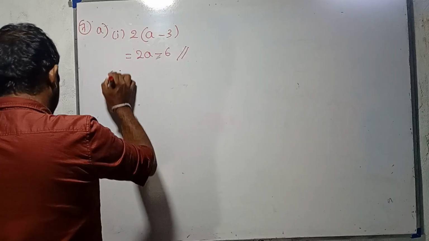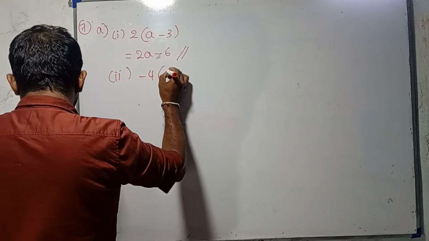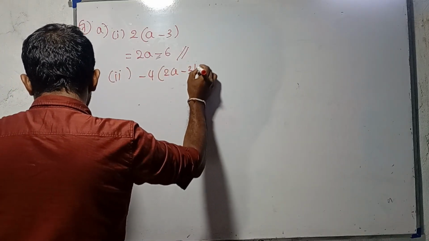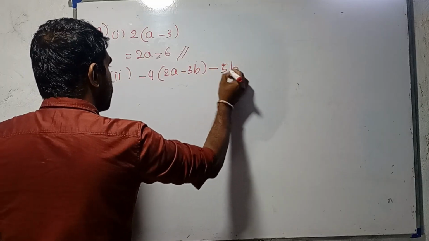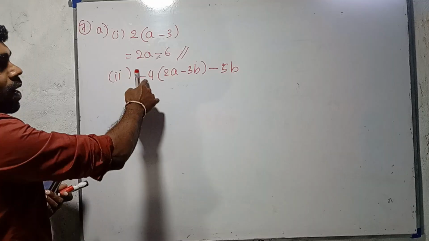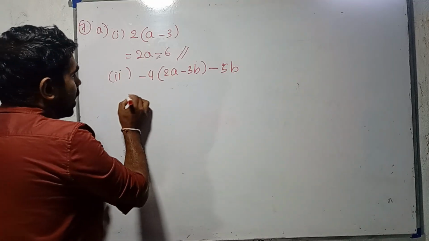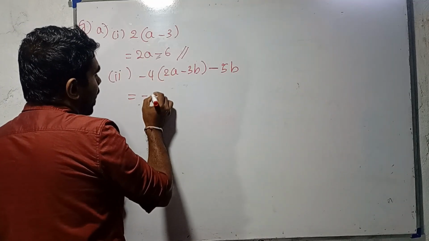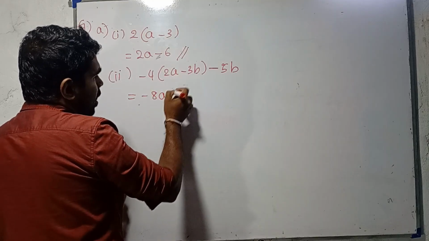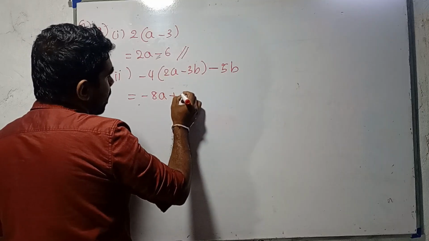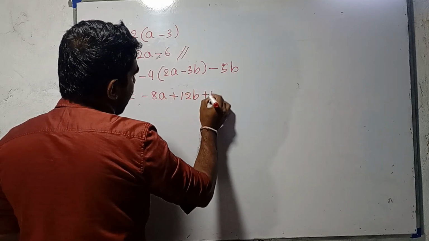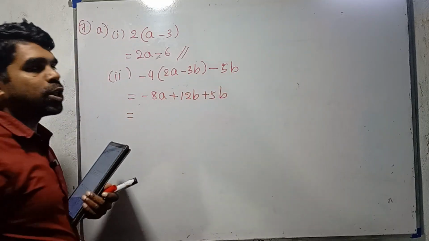Then part 2, minus 4 into 2a minus 3b, minus 5b. We can remove this bracket by multiplying by minus 4. Minus into plus minus, 4 into 2a, 8a, minus into minus plus, 4 into 3b, 12b, plus 5b. Now we can observe there are two b terms.